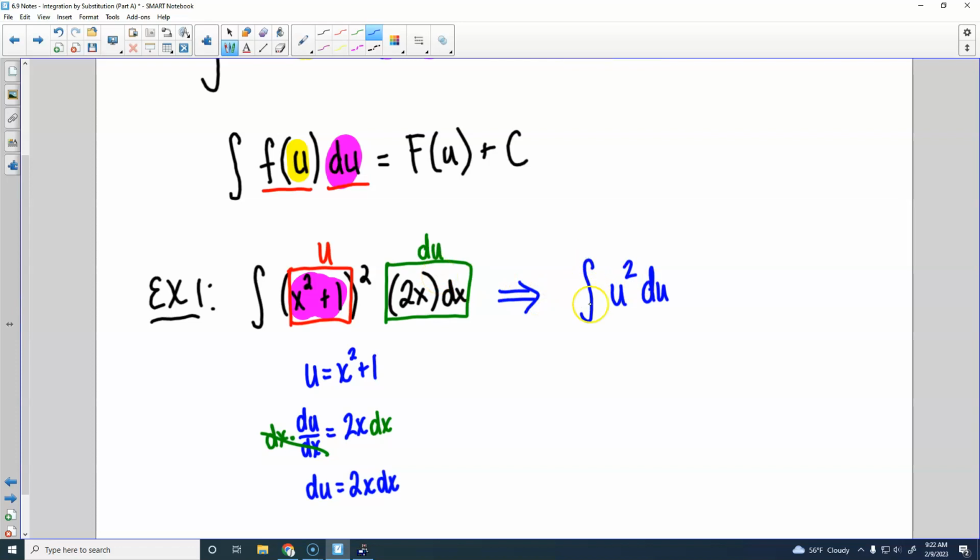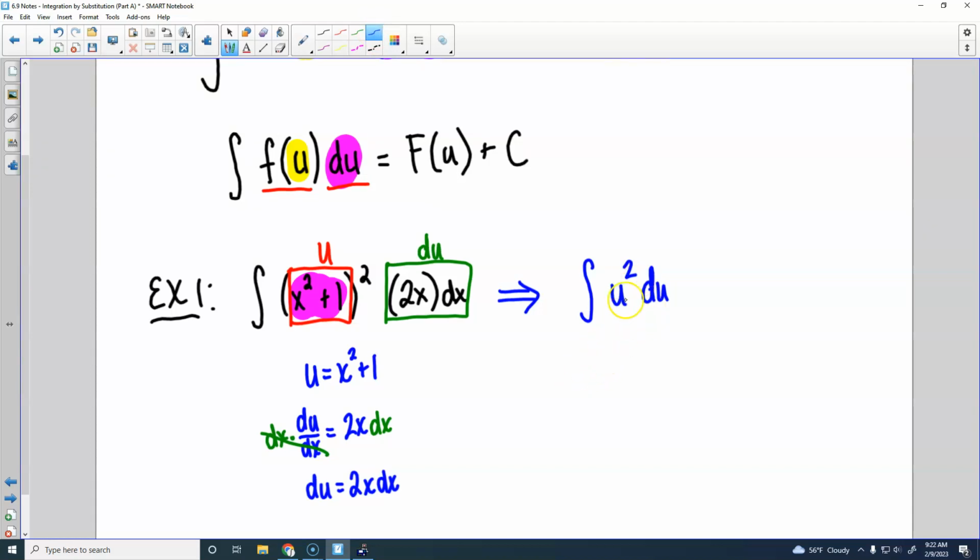Now, if I integrate u squared du, do I know how to do that? Can I take the integral of u squared? That's just basic power rule, right? So what I've done is I have broken this down with substitution so that I just have a basic power rule that I do know how to take the integral of.